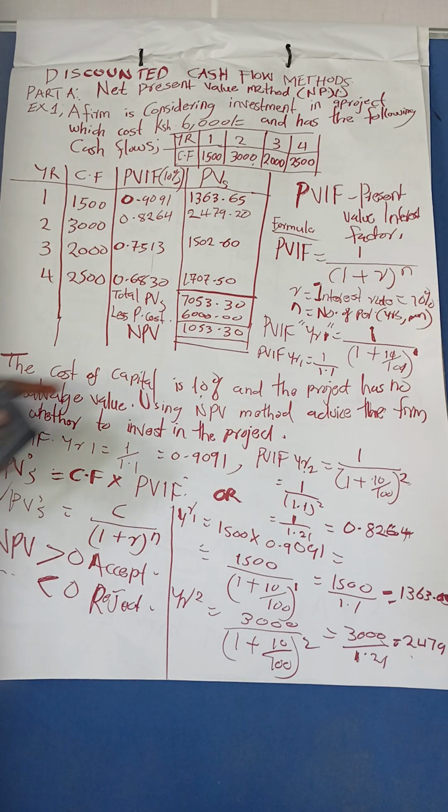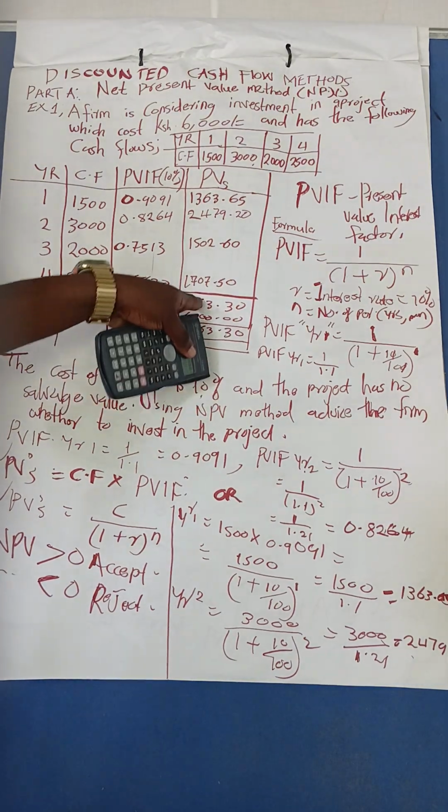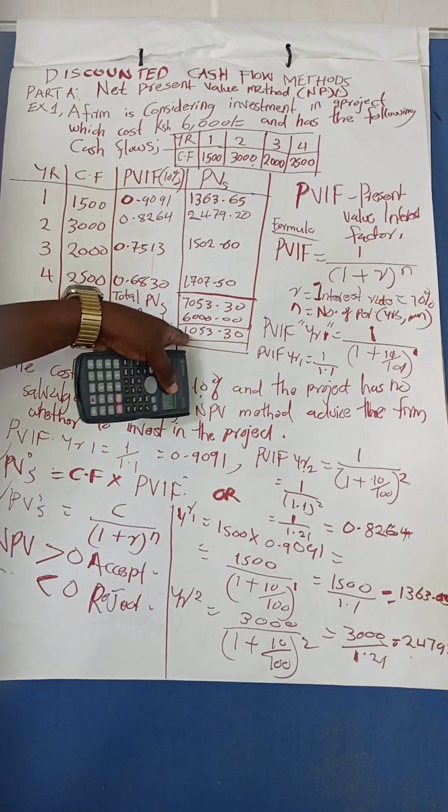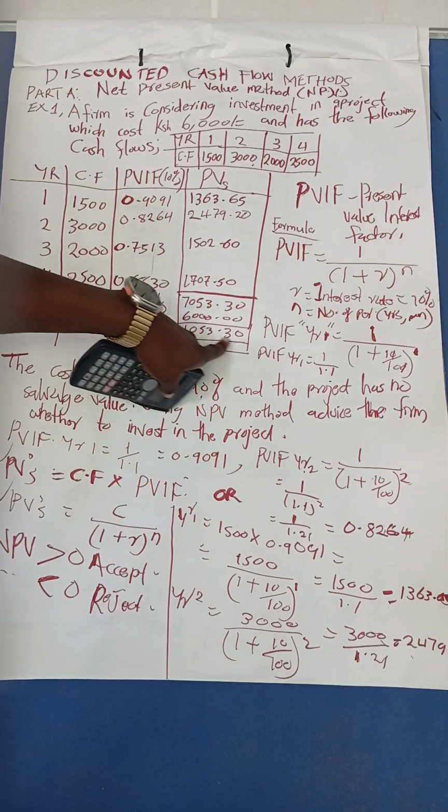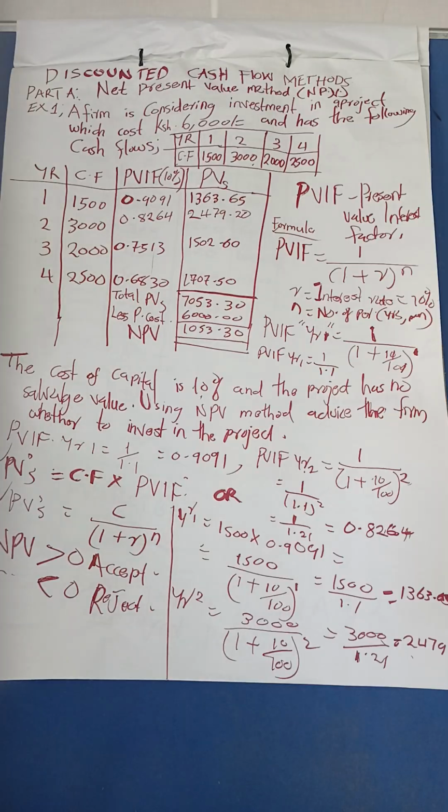So in case the answer after you have deducted the cost from the total PVs is negative, that project we reject it. We are not going to venture into that project.